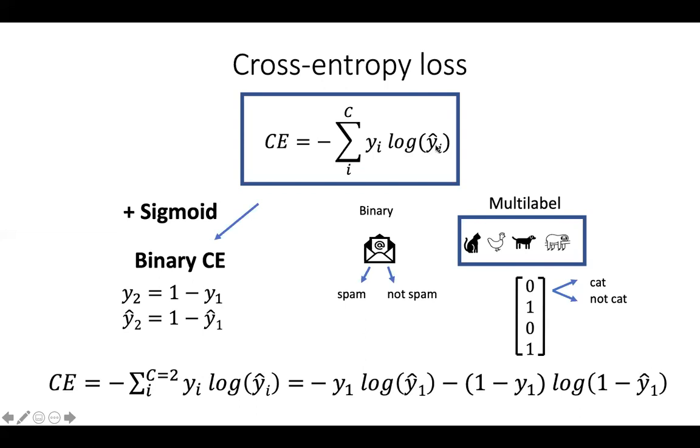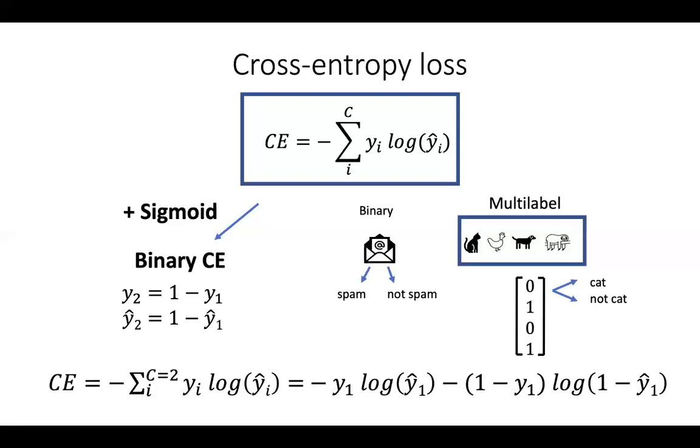But depending on what kind of activation function you use, you can derive some form of this cross-entropy loss. For example, if you have a sigmoid function as the activation function, basically you have only two classes: the positive class 1 and the negative class 0.